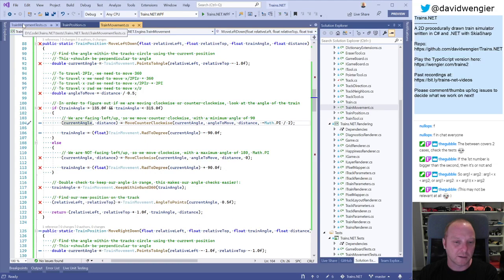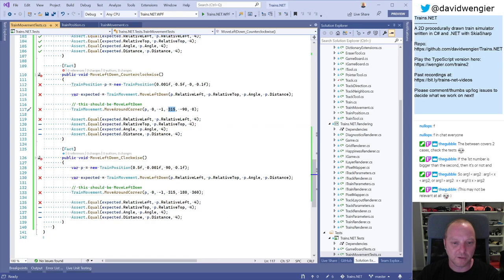Wait, hang on. Why is that line not covered by a test when I have a hard-coded thing? Oh, unless I stuffed this up. Oh, I did. This isn't moving counterclockwise at all. This is 999. Okay, I think that's better.